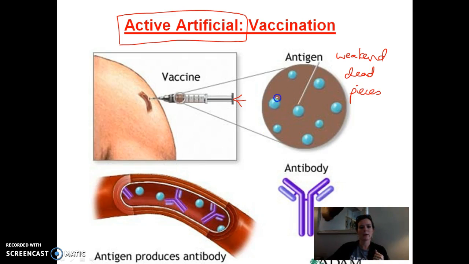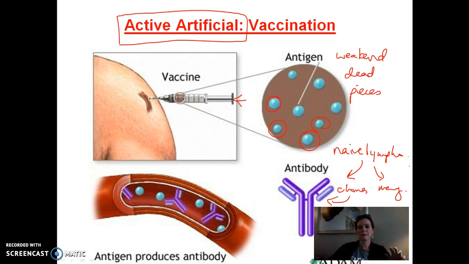But because we actually have the real thing, we have the surface antigens that actually trigger our naive immune cells, those lymphocytes, and those naive lymphocytes divide and produce the clones, which give us the antibodies and produce the memory cells.